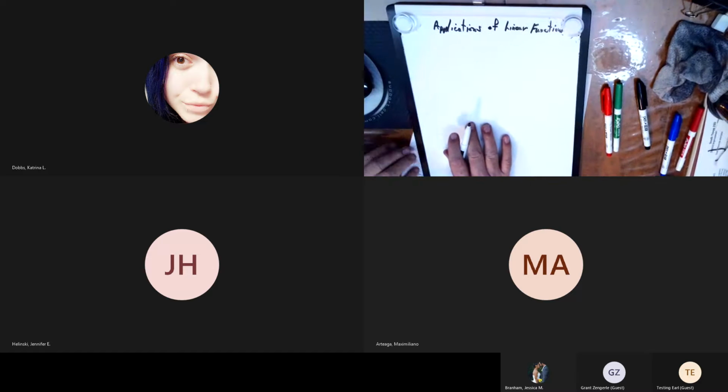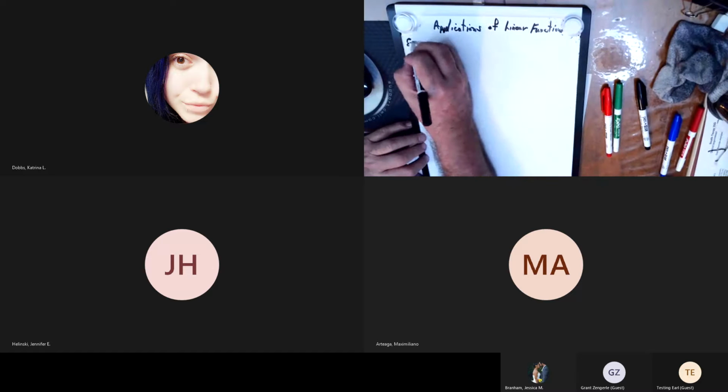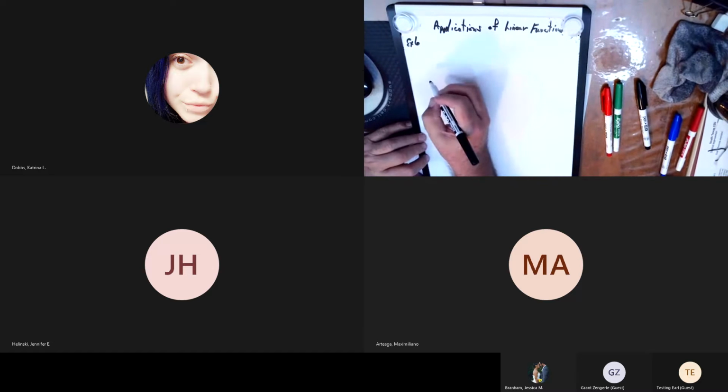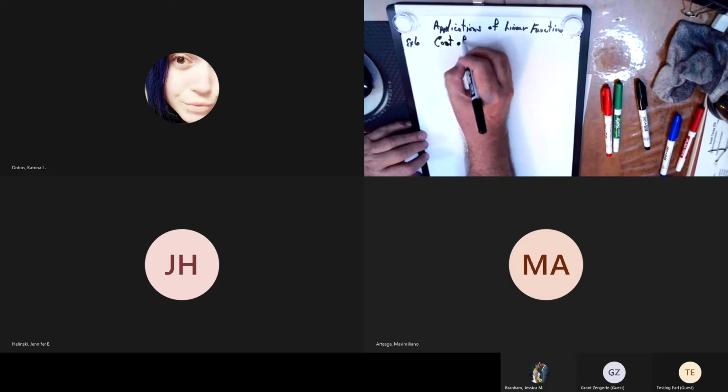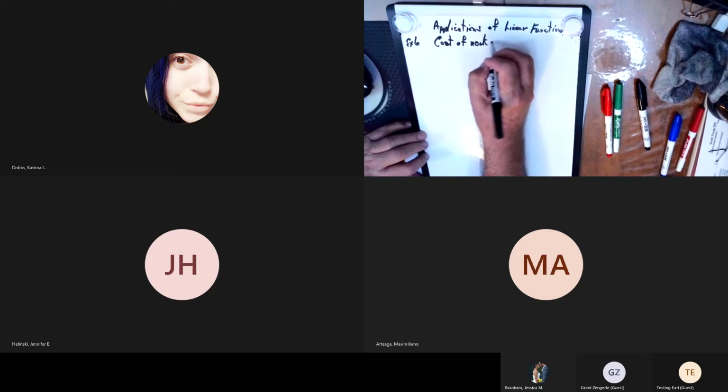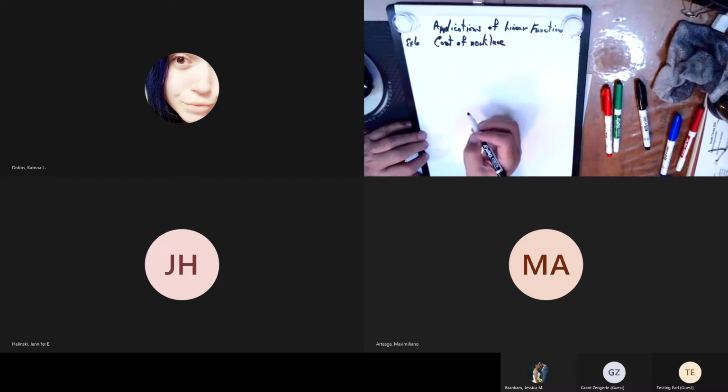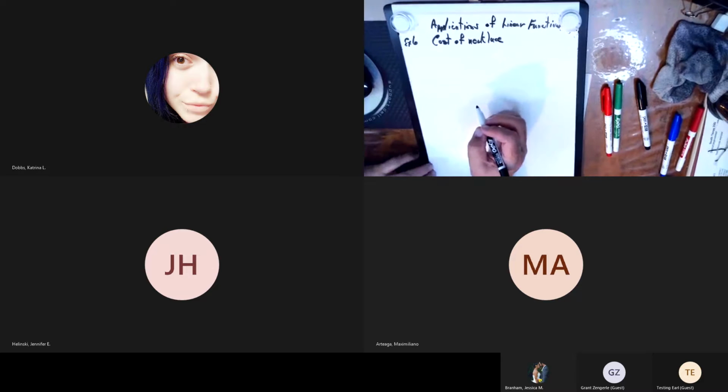Example 6 from the textbook says that if I am buying a necklace at the jewelry shop, the cost of a necklace... Again, you notice that this is all in English prose. Story problems are always the hardest because you've got to generate your own equations.